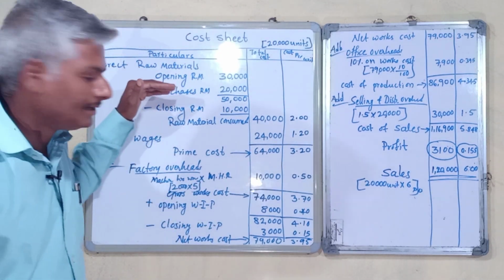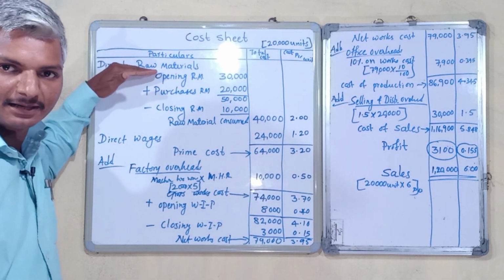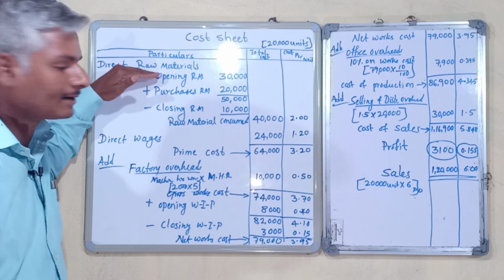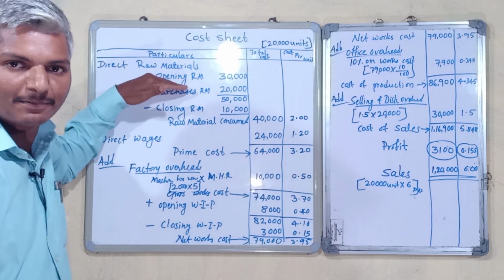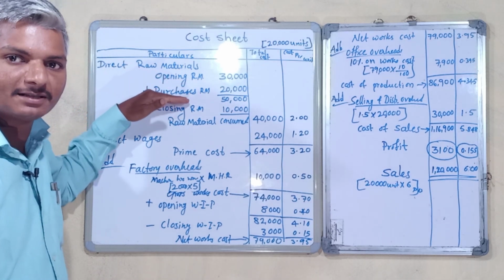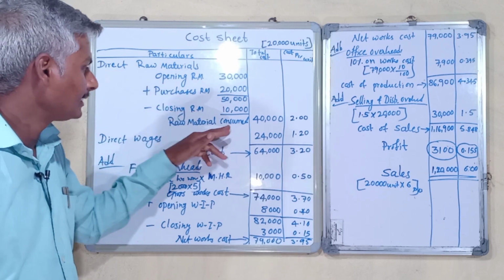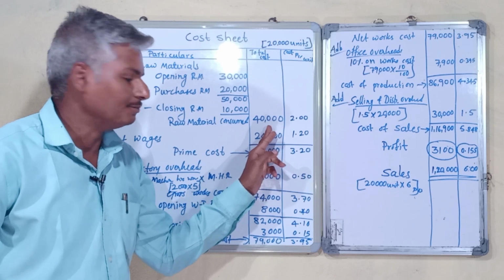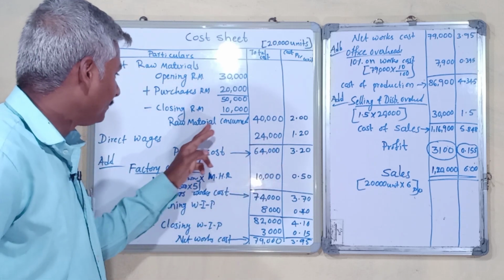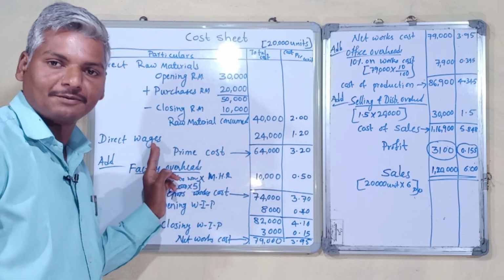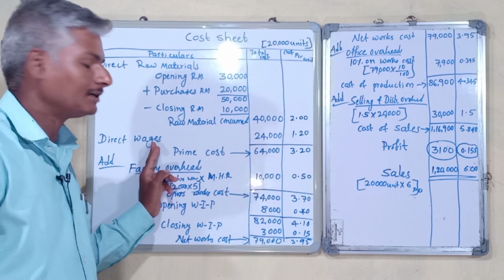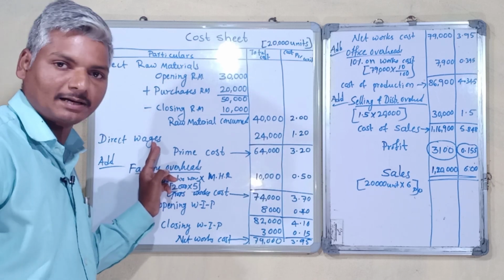I will repeat here. For direct raw material, we have opening stock of raw materials plus purchases minus closing stock of raw materials, and we get raw material consumed. Then we add direct wages and direct expenses. In this problem we have only direct wages.